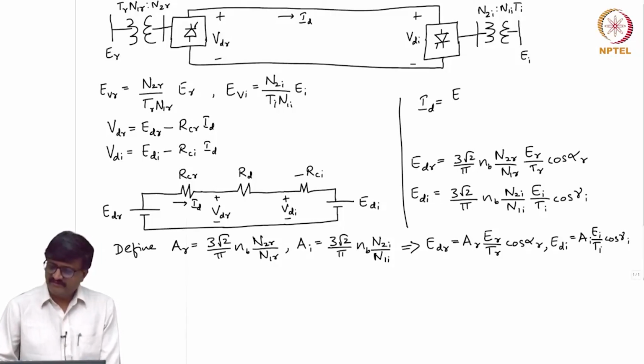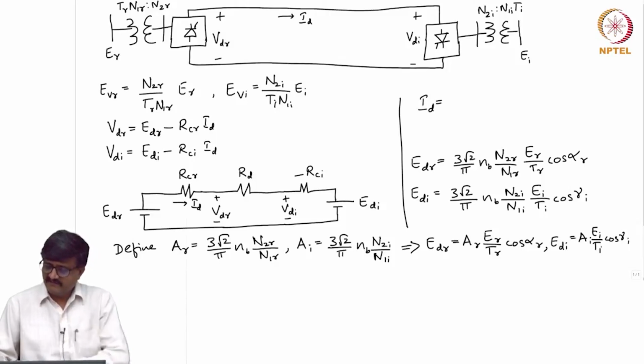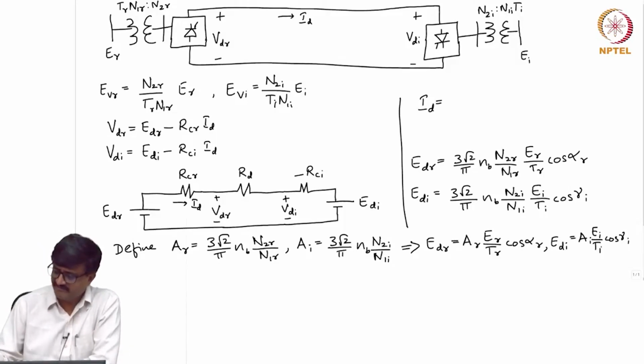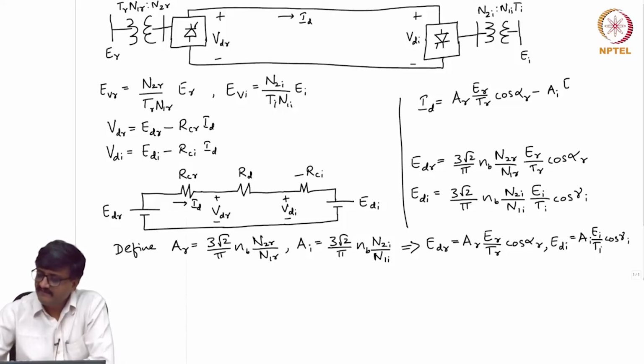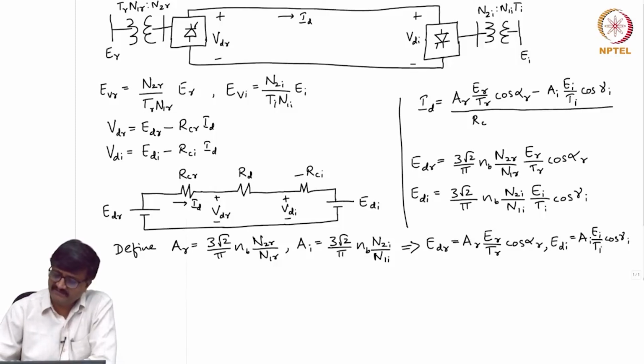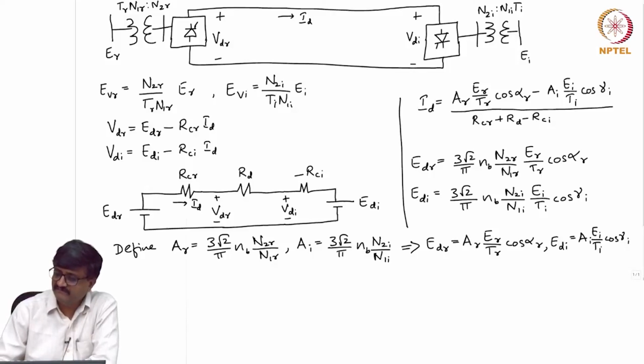So, in place of EDR, I will just straight away write the expression for EDR, which we just got: AR ER by TR cos alpha R, minus EDI, which is AI EI by TI cos gamma I, divided by the effective resistance RCR plus RD minus RCI.